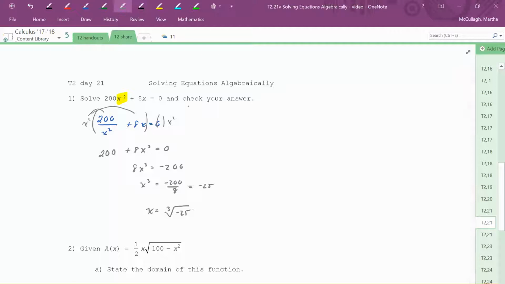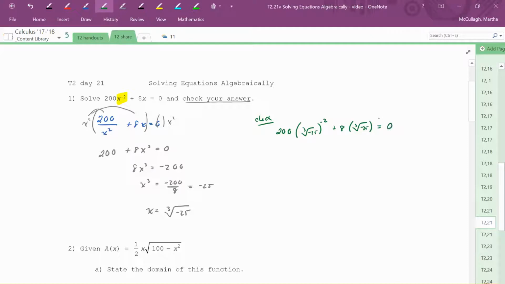Now we want to check it, though, and see if that answer is correct. So for our check, take our original equation, the 200 times the cube root of negative 25 to the negative 2 plus 8 times the cube root of negative 25.